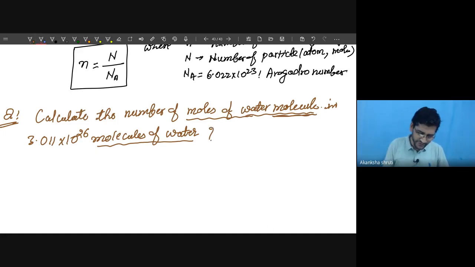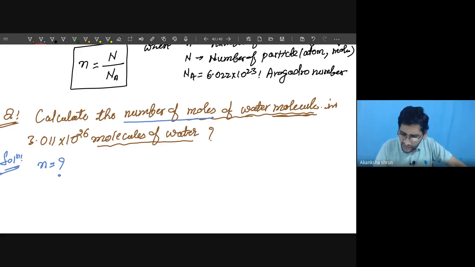The question is very easy. What do we need to calculate? The number of moles, denoted by the symbol n. The given number of molecules is denoted by capital N only, which is 3.011 into 10 to the power 26 molecules.